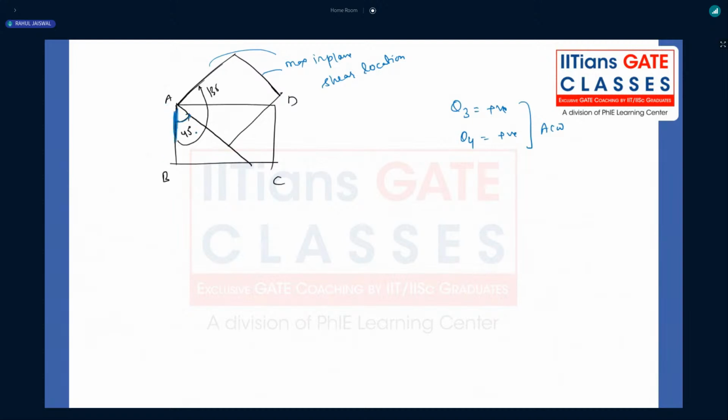One value will be theta 3, that is 45 degree, other will also be anti-clockwise, that is theta 4. Both are positive, that means both have to be represented in the anti-clockwise sense, and that will be the representation of the planes. All of you are getting my point? Tell me guys.